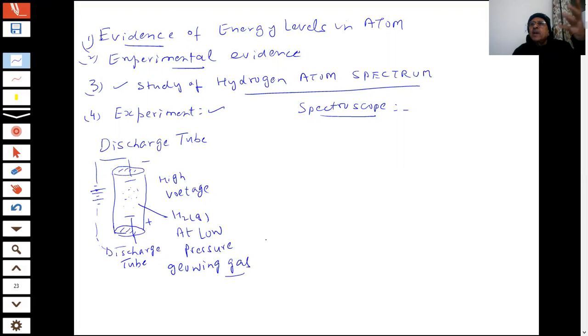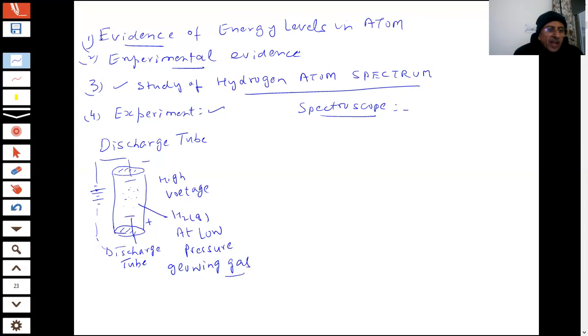What do you mean by glowing? That means some radiation is emitted by the gas. So the gas is emitting light, radiation. At low pressure, you apply high voltage, and the result is, students, it will emit certain radiations. So light is being emitted.